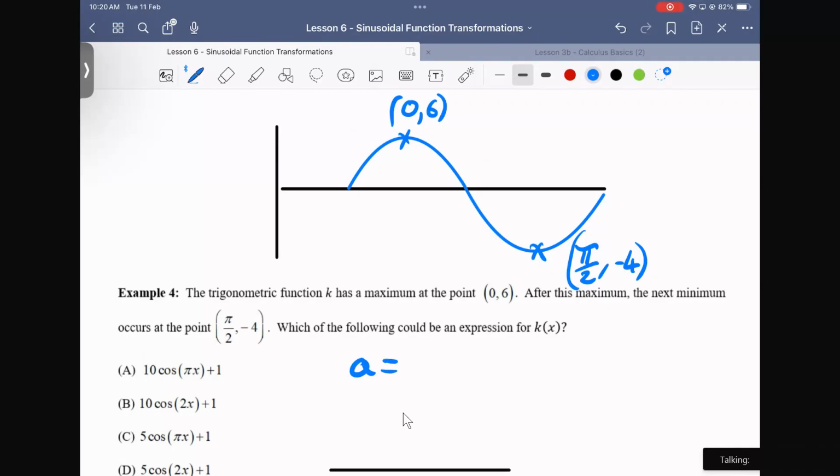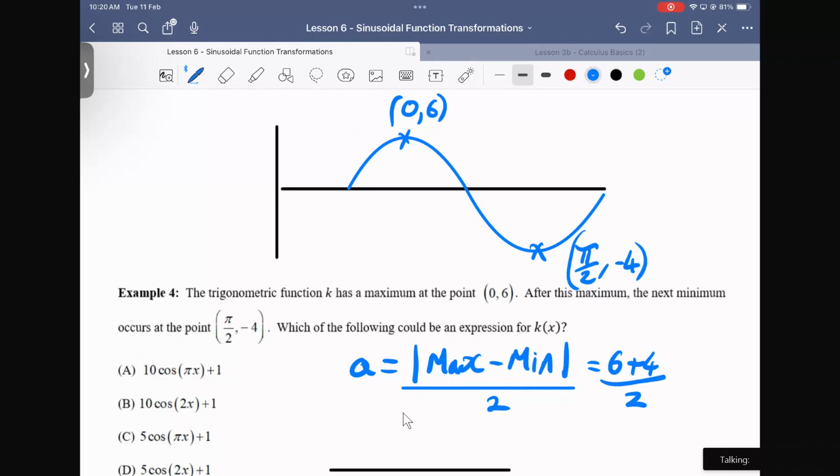Amplitude. So A is going to be max minus min over 2. And that is going to be 6 plus 4 over 2, which is going to give us 5.